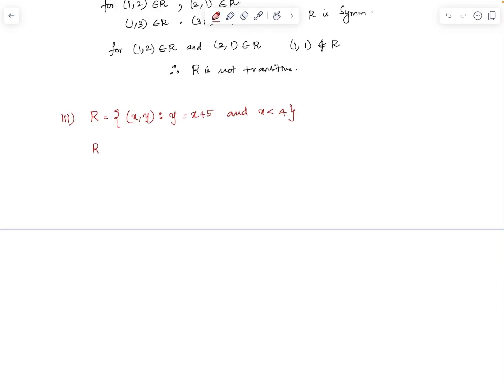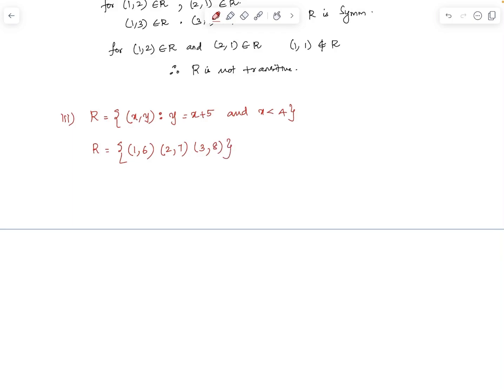Now let's write R as a set of ordered pairs. Here x should be less than 4. That means x can take 1, 2 and 3 alone. If we take 1, y will become 6. If we take 2 for x, y becomes 7. If we take 3 for x, y becomes 8. So these are the three ordered pairs.